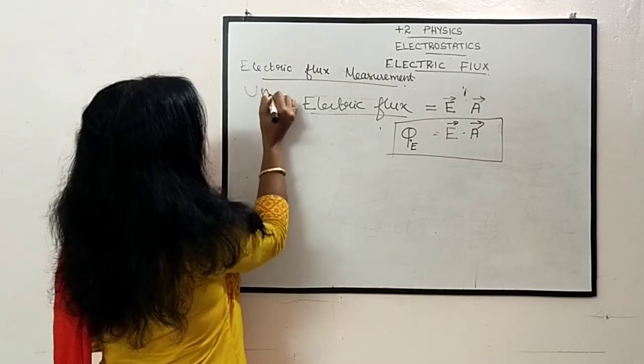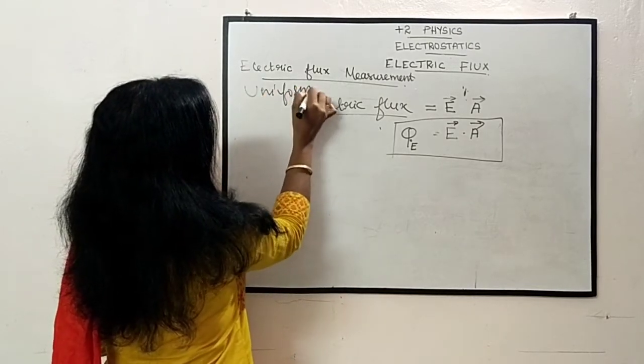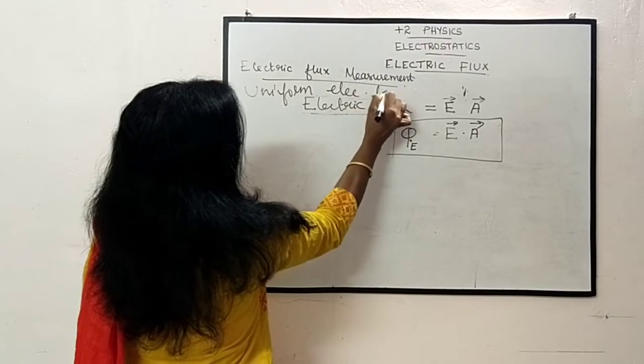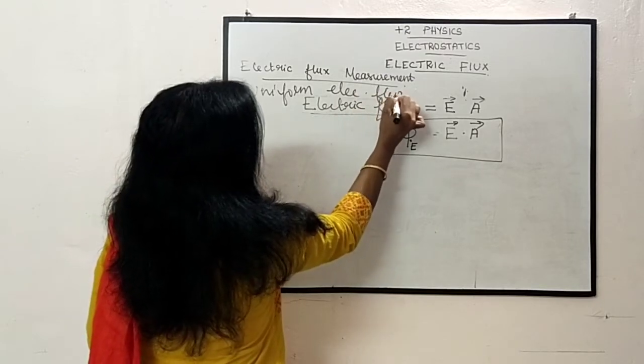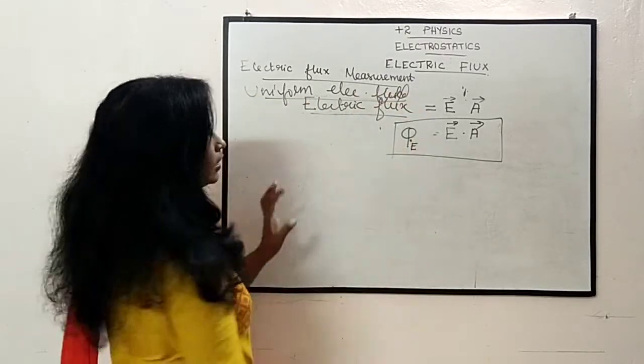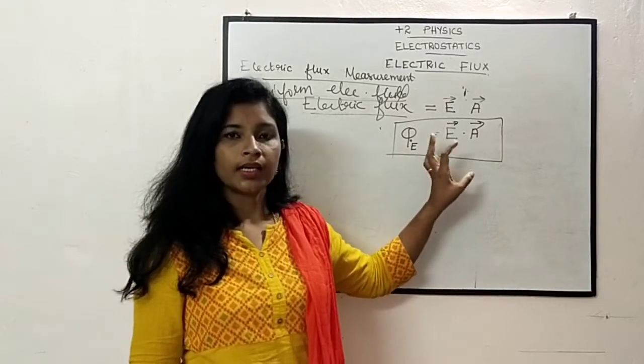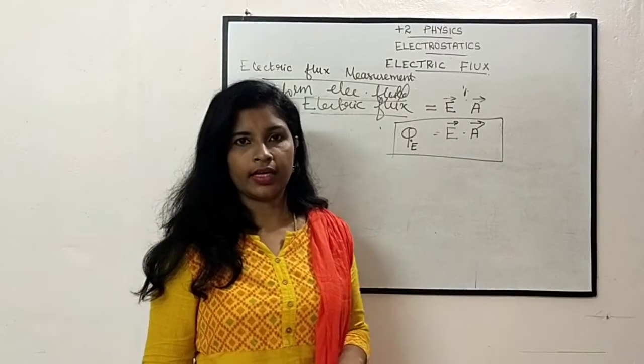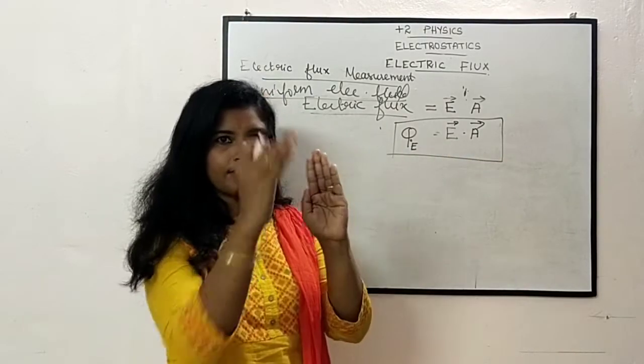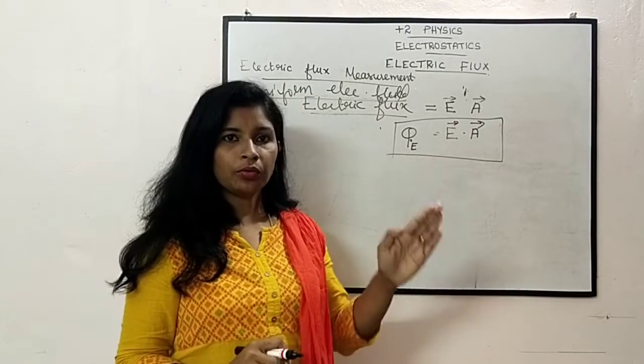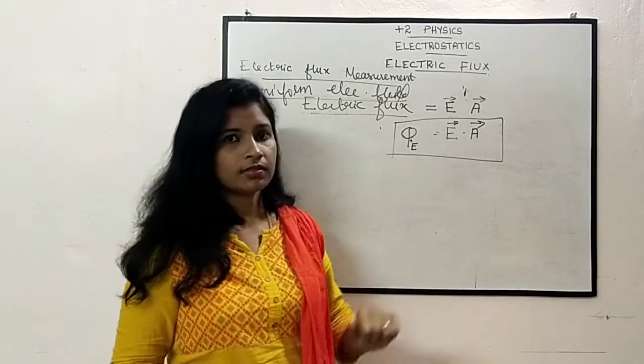When a flat surface is placed in a uniform electric field, the formula is phi E is equal to E dot A. Clear?